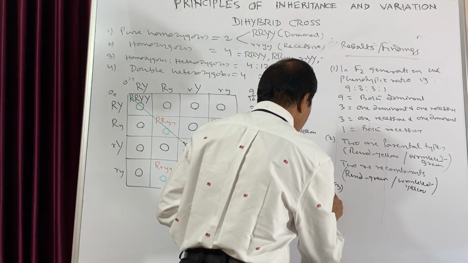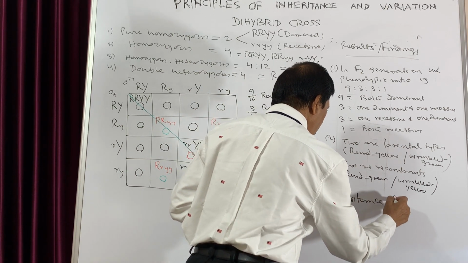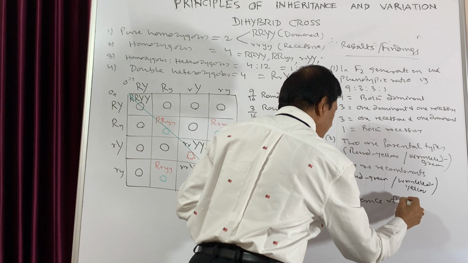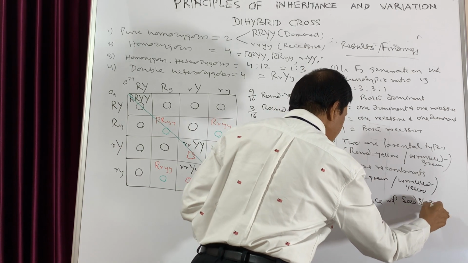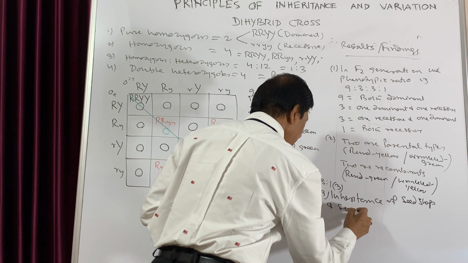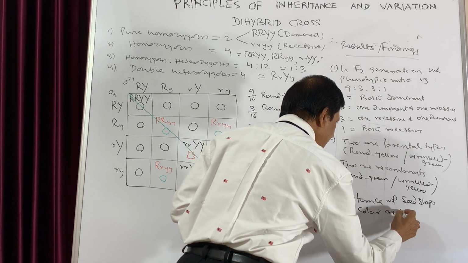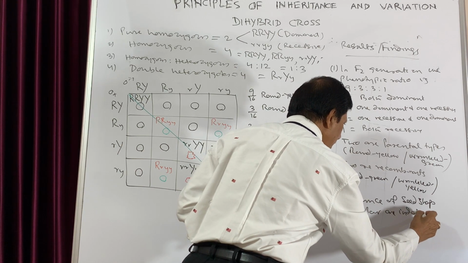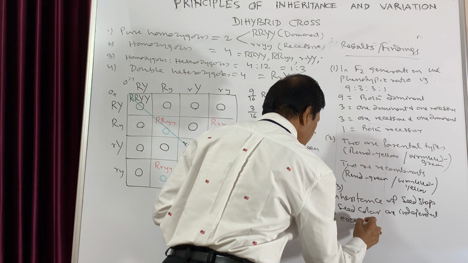The next point is inheritance of seed shape. Inheritance of seed shape and seed color are independent of each other.